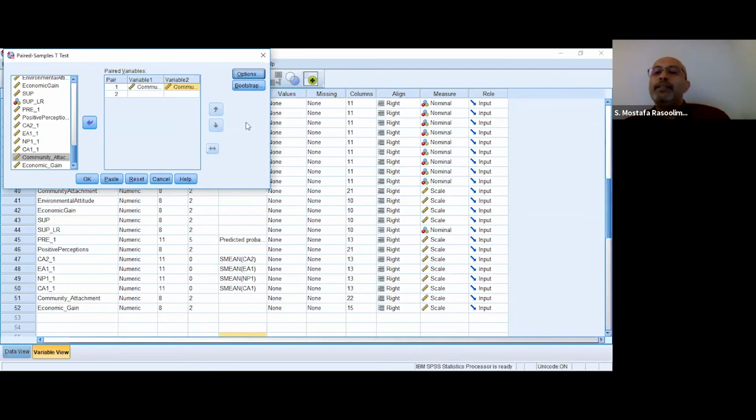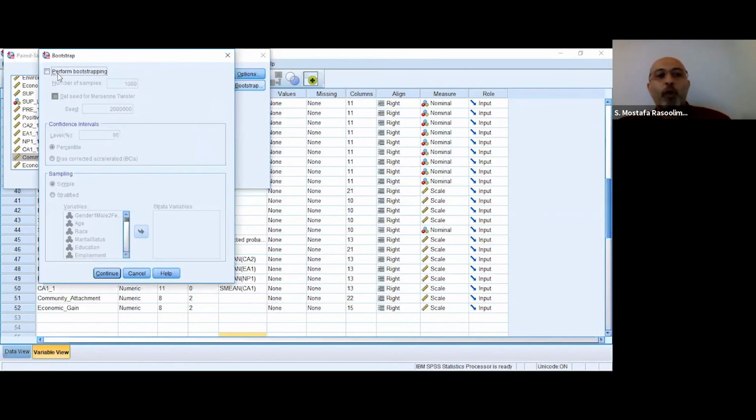If I click on perform bootstrapping, it asks about the number of samples, the number of generated resamples. For example, if you have 300 cases, that is one sample, one data set. Here it is 1,000, so the software creates 1,000 data sets and performs the analysis on these 1,000 data sets.